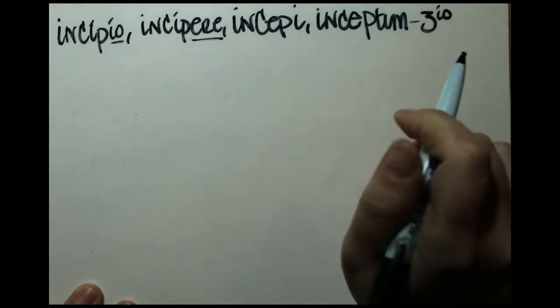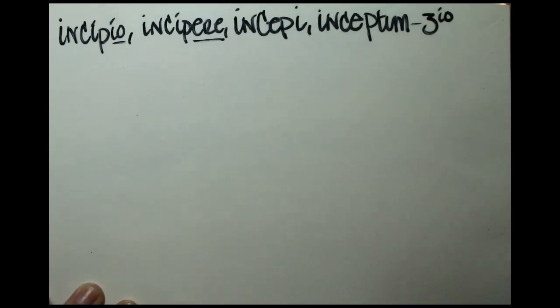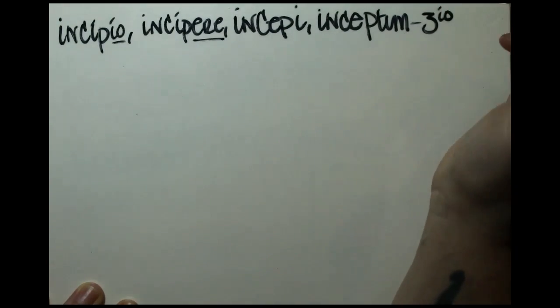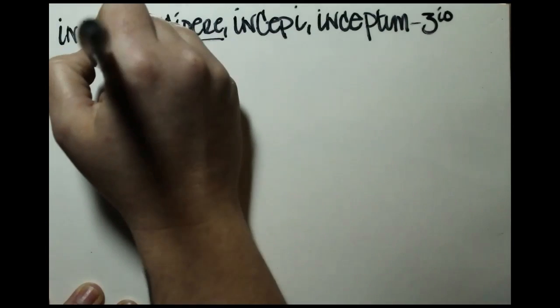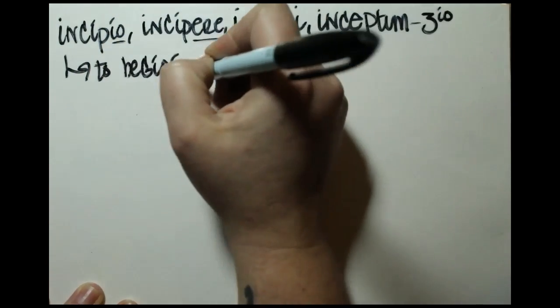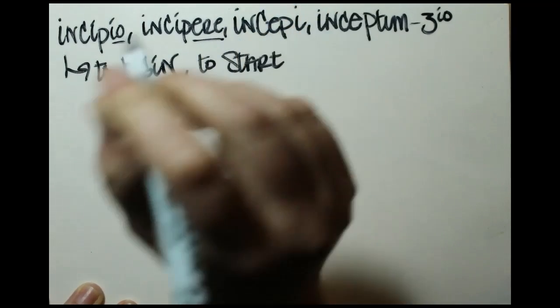So there's some tricky business we have to do there to conjugate it. I will lead you through, no worries. This is a third conjugation. What does it mean? Incipio means to begin or to start, to undertake.